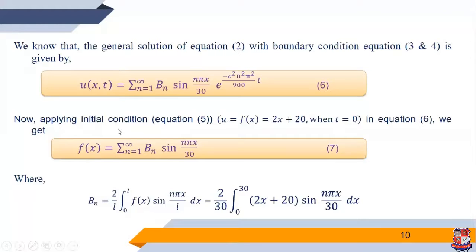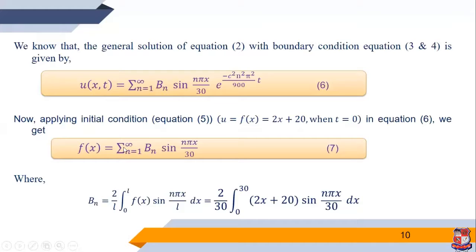Now applying the initial condition, equation 5: when time t is equal to 0, the initial temperature distribution f(x) is equal to 2x plus 20. We input this value f(x) in equation 6. So t is 0, u(x,0) is f(x), and f(x) is 2x plus 20.